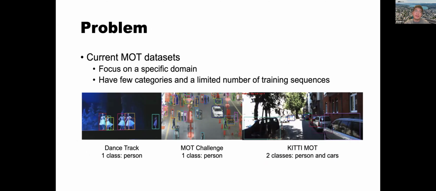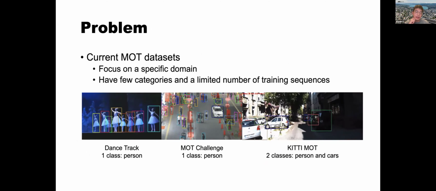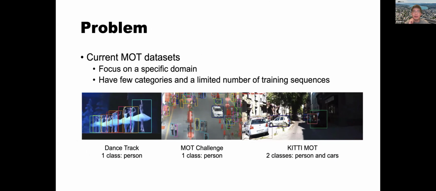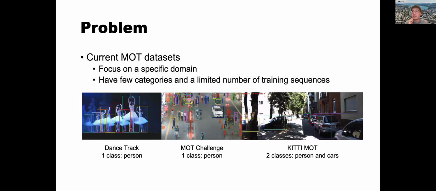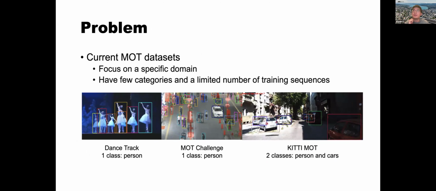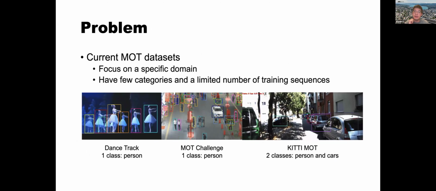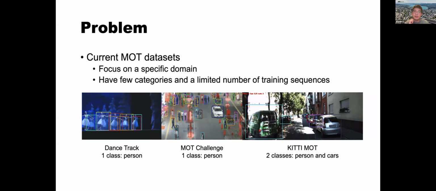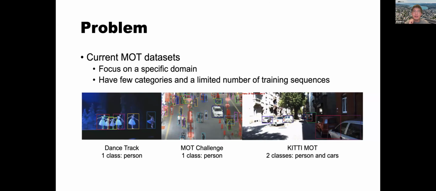But the current problem is, if we think about computer vision tasks, nearly every task three years ago still focused on very small scale, limited scenarios. Object detectors only detect COCO classes.